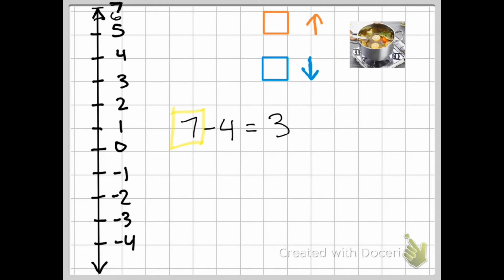Okay, so our starting temperature is 7, and I'm going to mark that on our number line so we know this is our starting point. We're subtracting positive 4, and that tells me that I am taking out fire cubes.